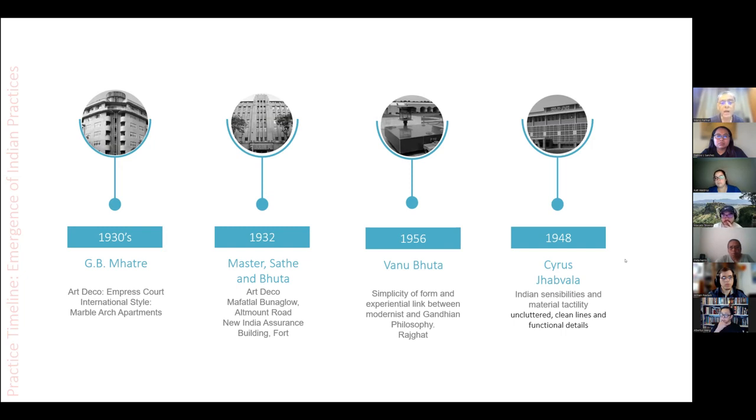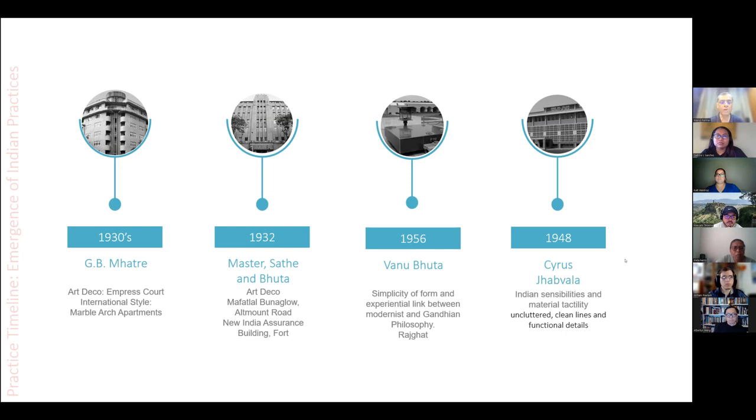Then Vanu Bhuta, 1956. Basically, he was an architect from Mumbai, but he was the first architect who tried to move away from historic revivalism architecture and try to bring contemporary Indian architecture, what should be modern as well as contemporary architecture in India.